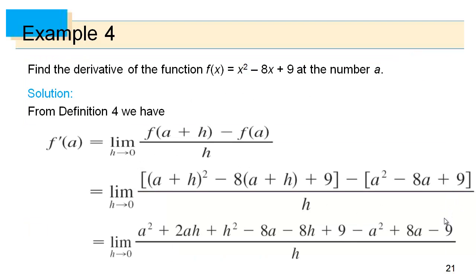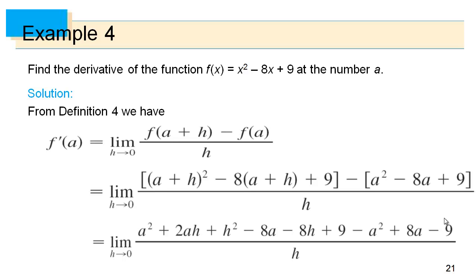Here's another simple example. We have a simple function of x squared minus 8x plus 9. We want to find the derivative of the function at the number a. So that just means using that first limit formula that we had, f of a plus h minus f of a all over h, right? That means you now have to take a plus h and plug it into the function. That's why you have a plus h squared minus 8 times quantity a plus h plus 9.